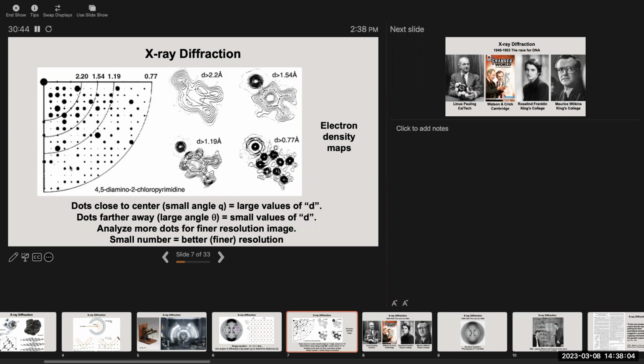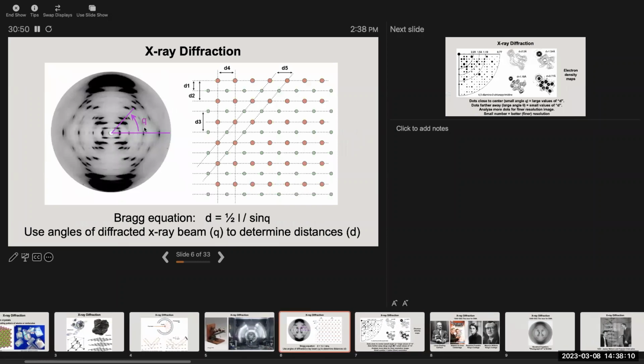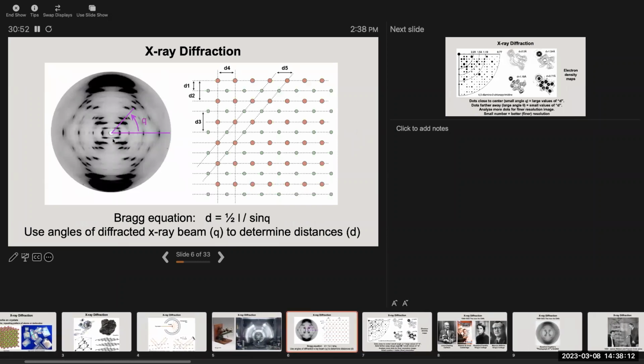And what we're looking at here on the left side of this image is just one quadrant, or one quarter. So imagine that we took just one quarter of this X-ray diffraction pattern. You might notice that it's symmetrical. It's symmetrical from top to bottom, and it's also symmetrical from left to right. So really, you only have to analyze the dots in one quadrant, one quarter of this complete circle, to figure out your structure.